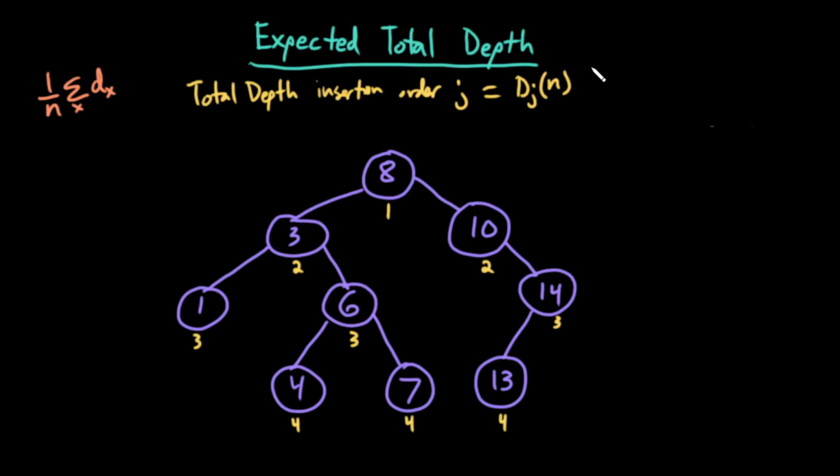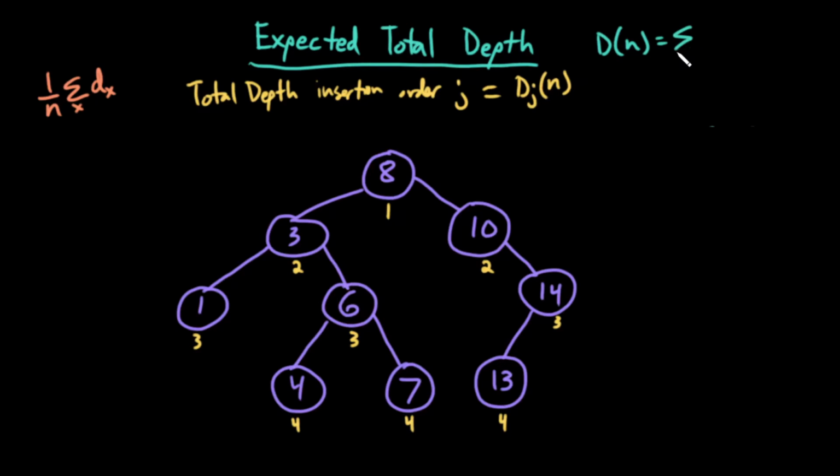We want the expected total depth across all possible insertion orders. Therefore, I'll use a different color for this. Let's let d of n, so no subscript j, be the expected value over all possible total depths for specific insertion orders.